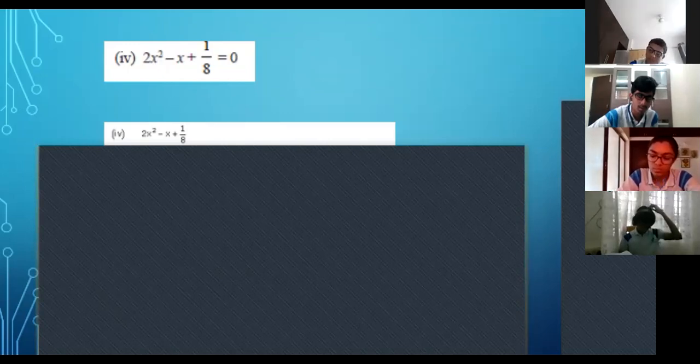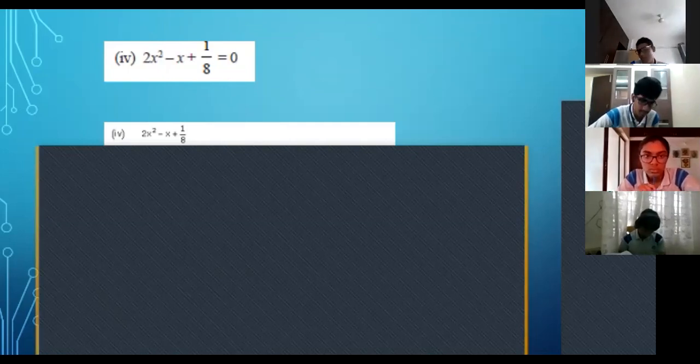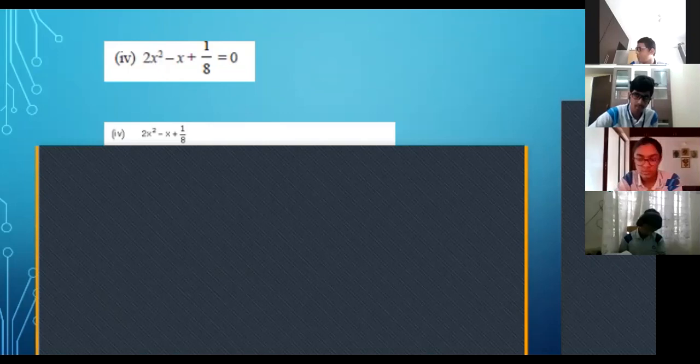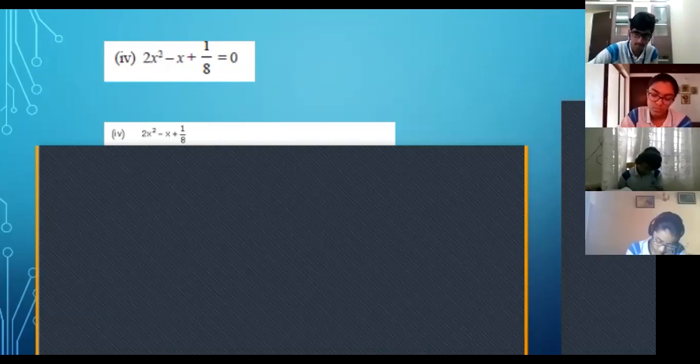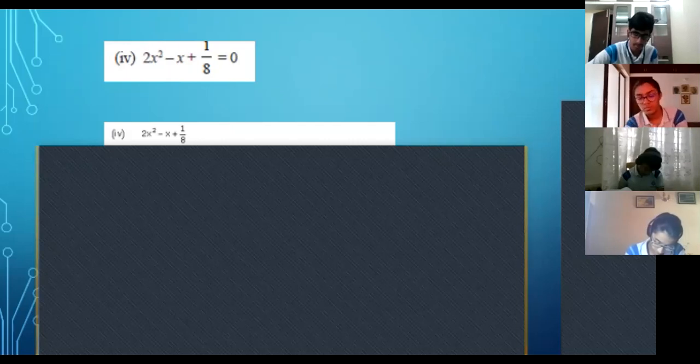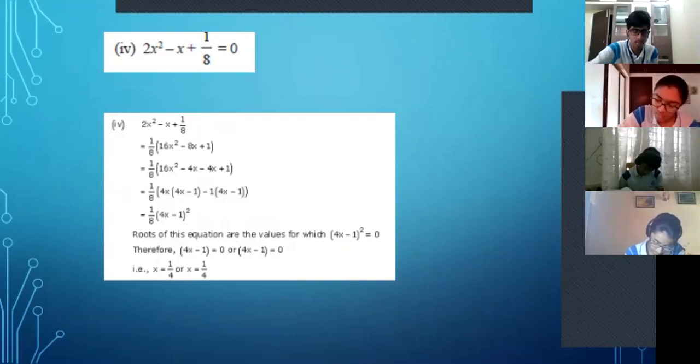You need the product of 1 upon 4x square and an addition or difference of minus x. I multiplied the whole equation by 8. That is the best thing. I was about to say that. Take LCM. So it becomes 16x square minus 8x plus 1 is equal to 0. So basically you need 16x square. Ma'am, the RHS is 0, so the denominator will go.